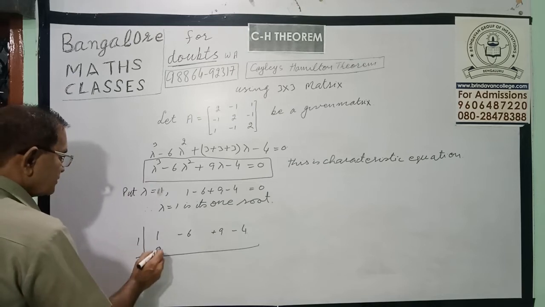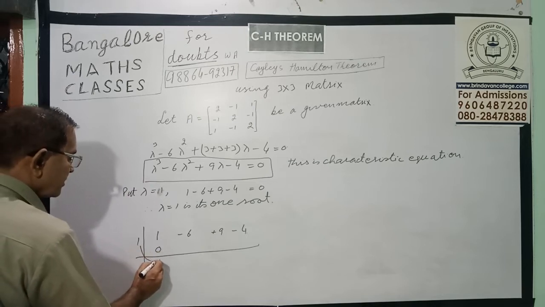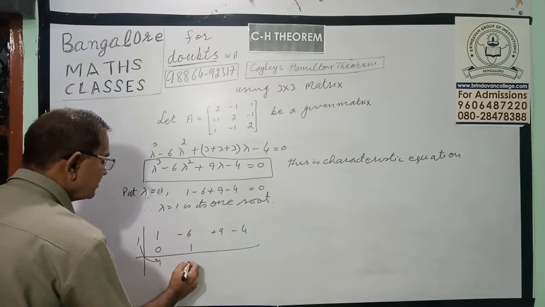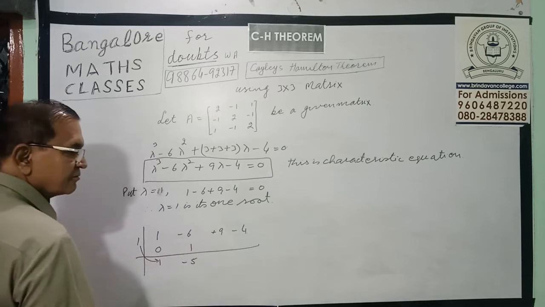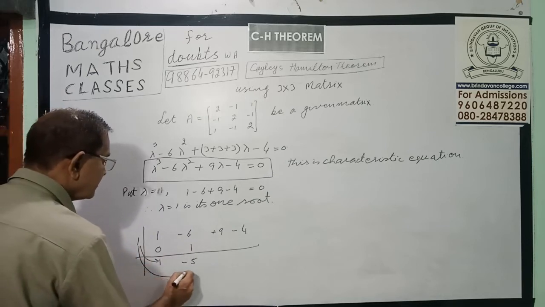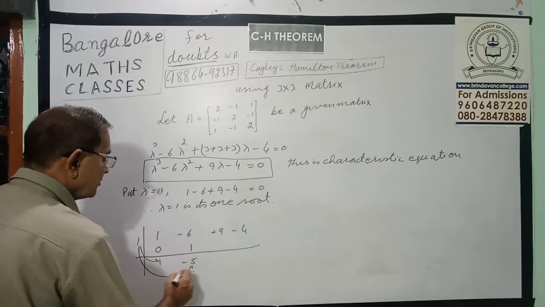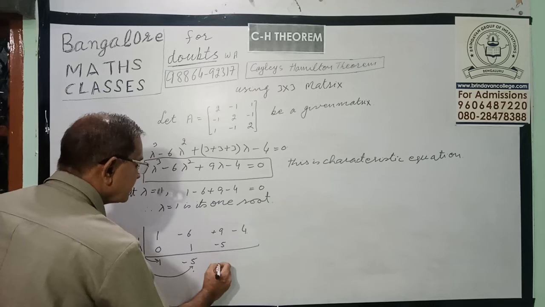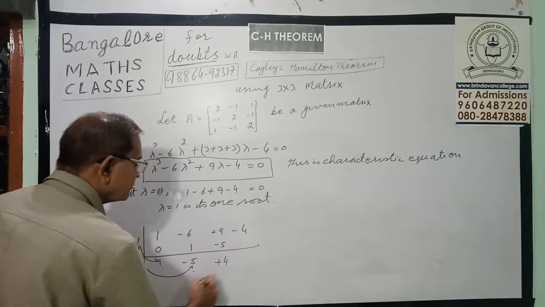Then add to get 1. Then multiply: 1 into 1 is 1. Then add to minus 5, we'll get minus 5. Put it here, multiply by 1, add, we'll get plus 4.